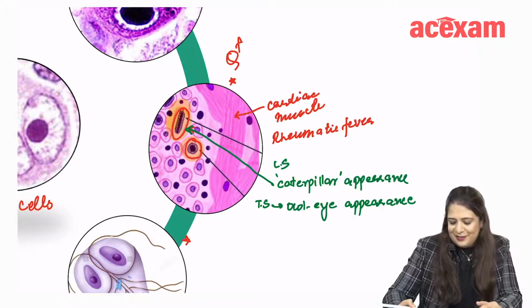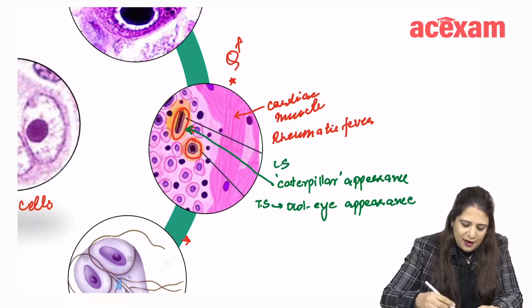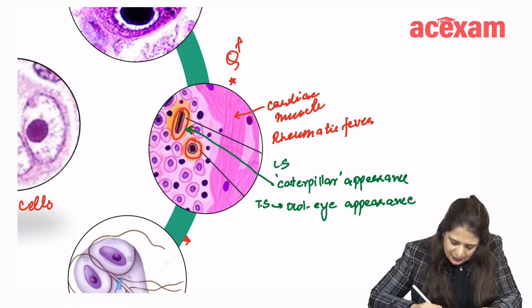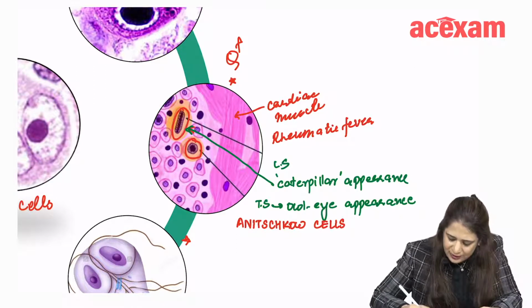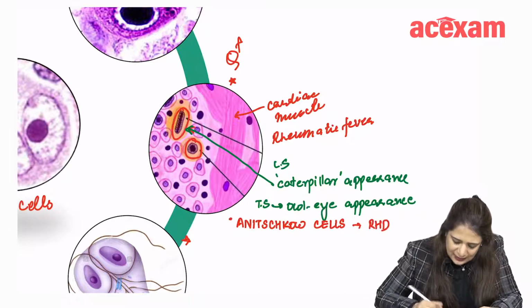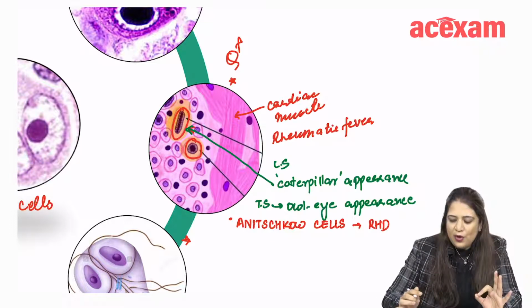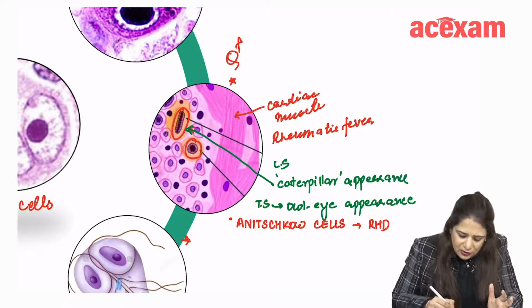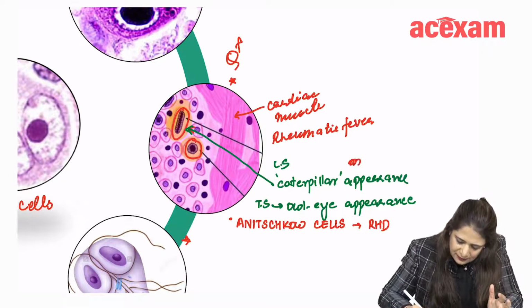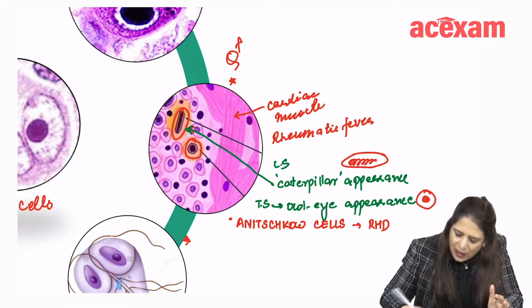So, do you know the answer to this now? The answer to this is the Anitschkow cells, which are seen in rheumatic heart disease. These Anitschkow cells show caterpillar appearance of the nuclear chromatin in the longitudinal section and owl eye appearance in the cross section.